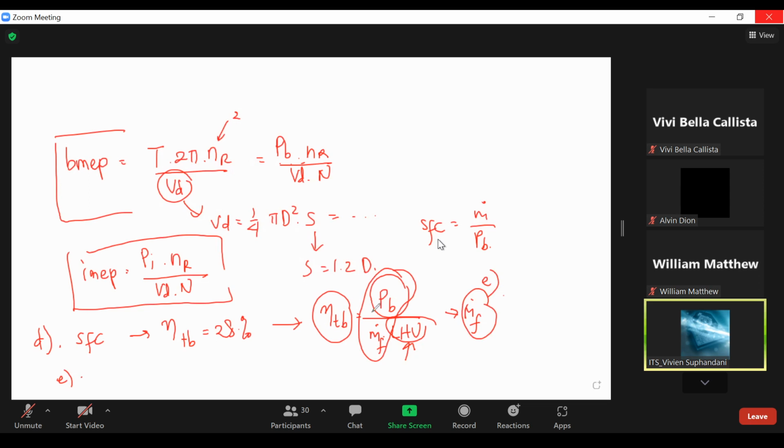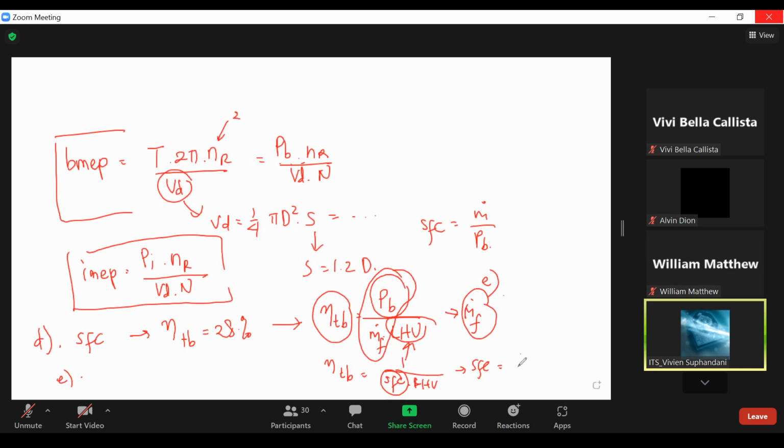By looking at this, we have the brake thermal efficiency should be 1 over SFC times the lower heating value. So if we want to find SFC here, that will be equal to, check for the units, 1 over the thermal efficiency times LHV.